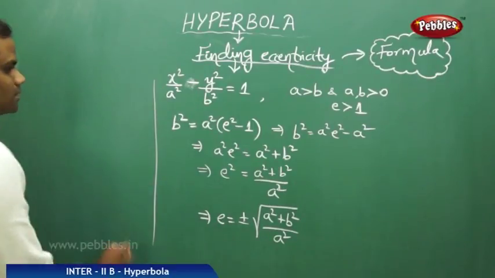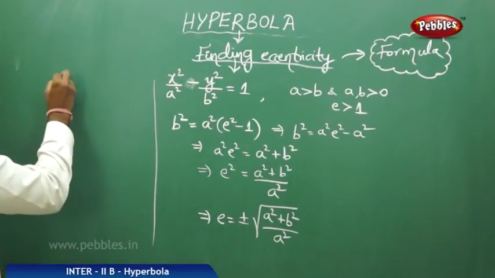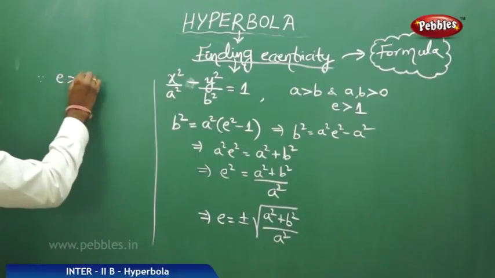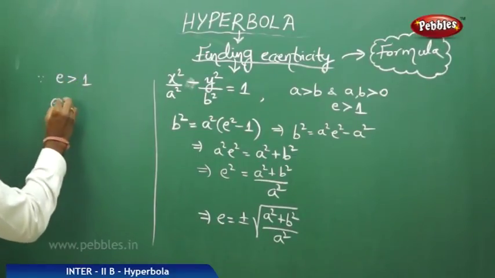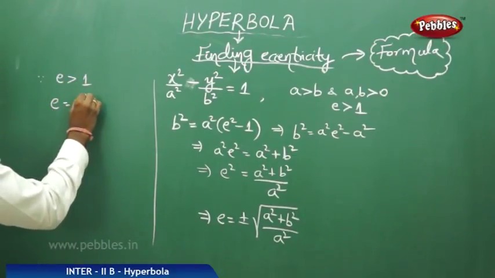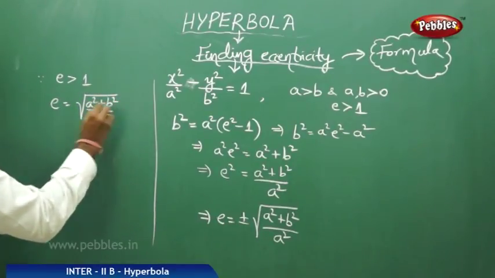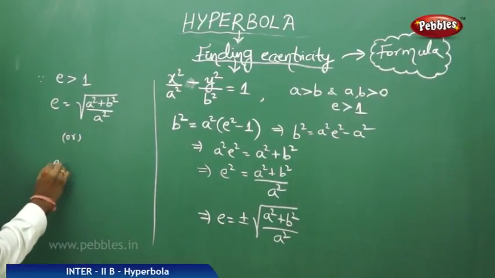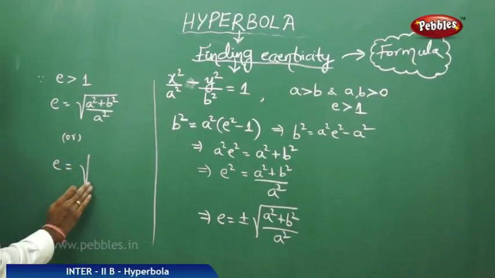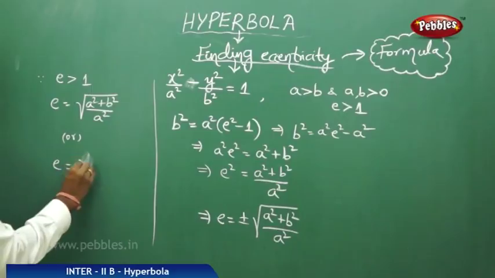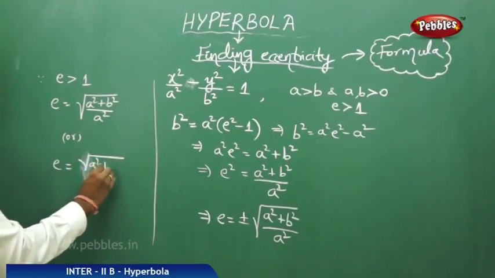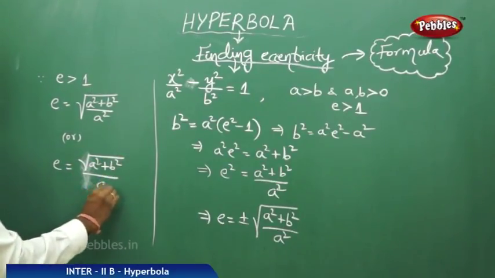But since e is greater than 1, I have e strictly as plus root of a square plus b square by a square, or e as root of a square plus b square, whole divided by a.